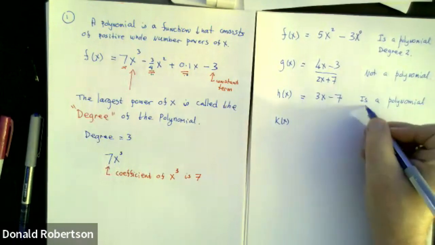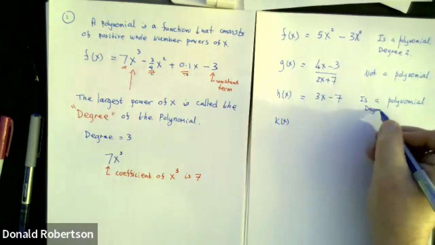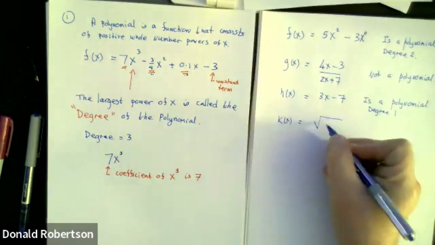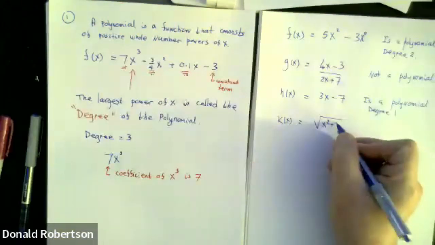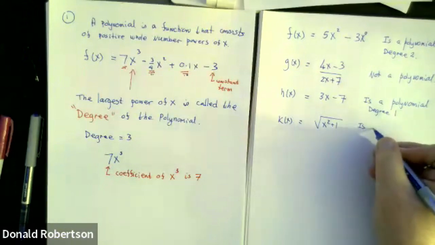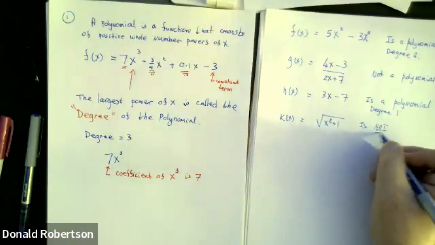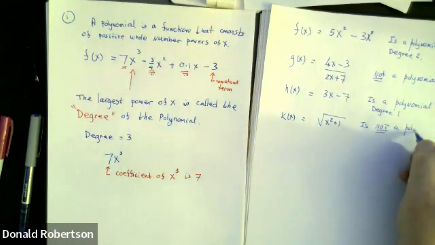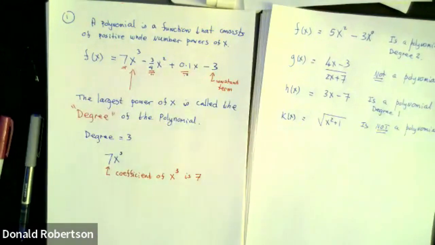In fact, it's a polynomial of degree 1. The square root of x squared plus 1 is not a polynomial. In fact, it's a radical.